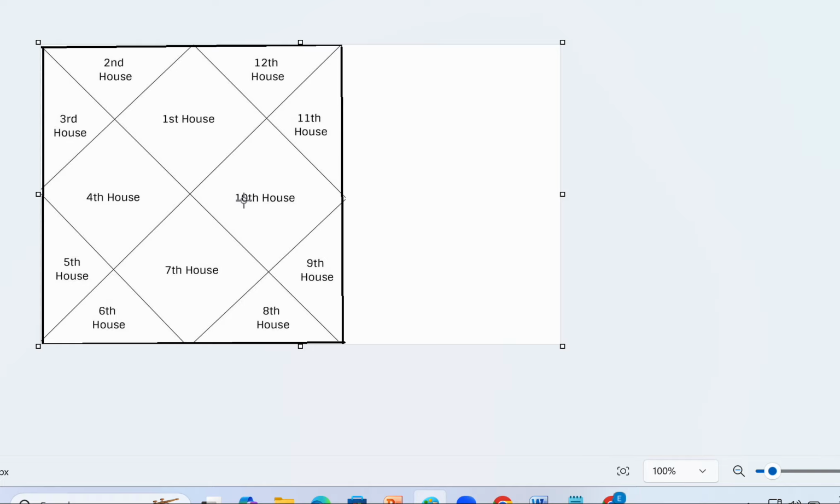Okay. Now let's look at the Aries blank chart. I have not placed any planets in this particular chart. Now Kiran sir, can you tell me which is the most benefic planet for this particular Aries blank chart? Sun.